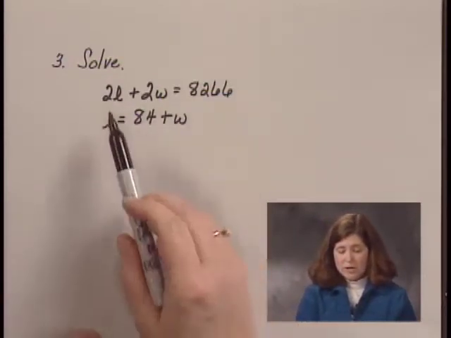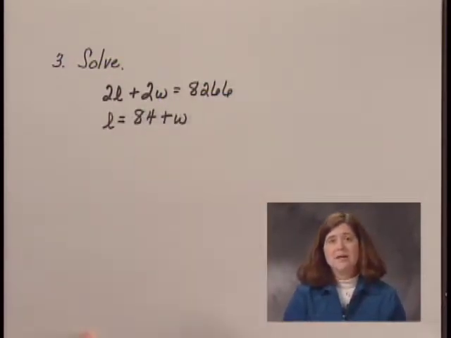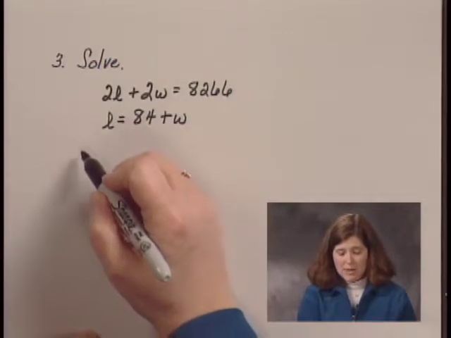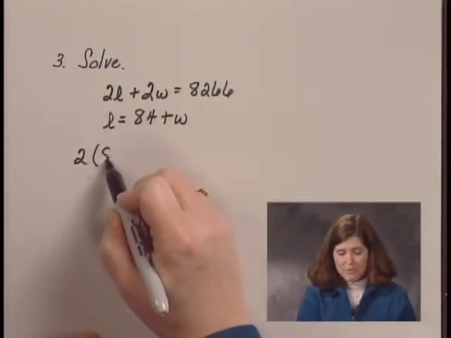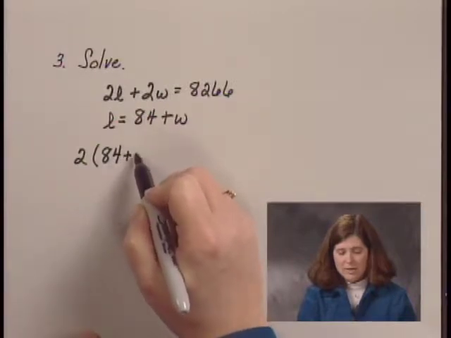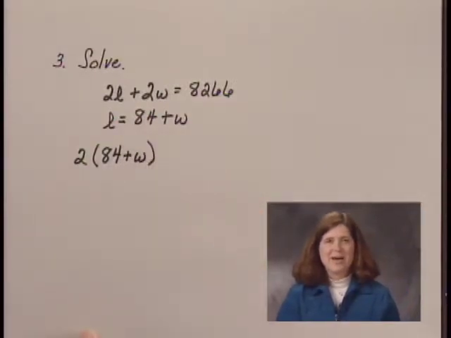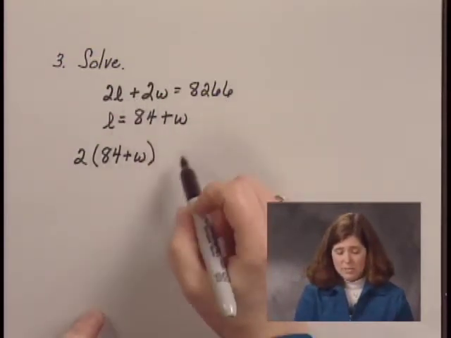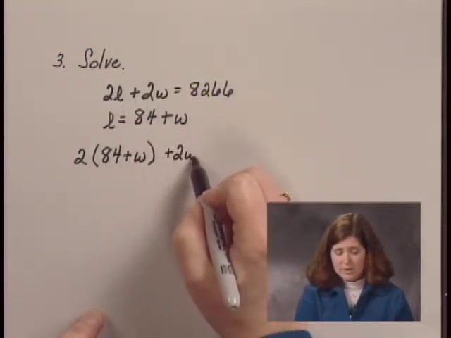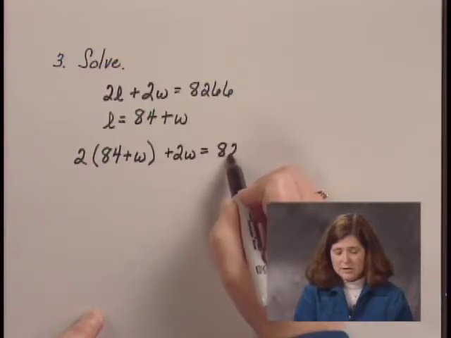So my first equation, 2L plus 2W equals 8,266, becomes 2, and instead of L, I write 84 plus W, being careful to put parentheses so that I substitute correctly. And then I write the rest of the equation, plus 2W equals 8,266.